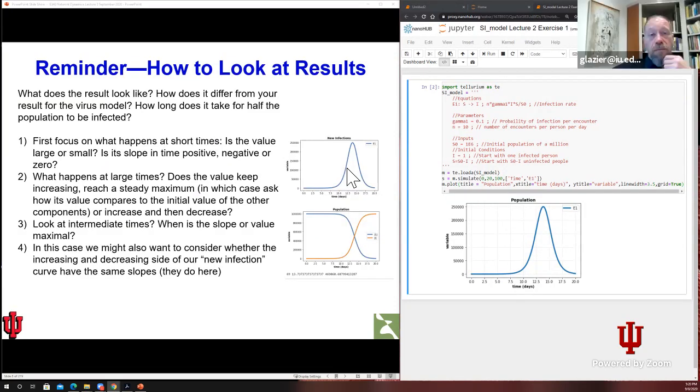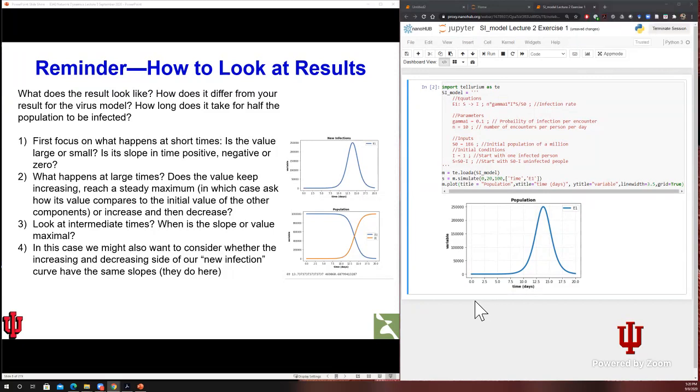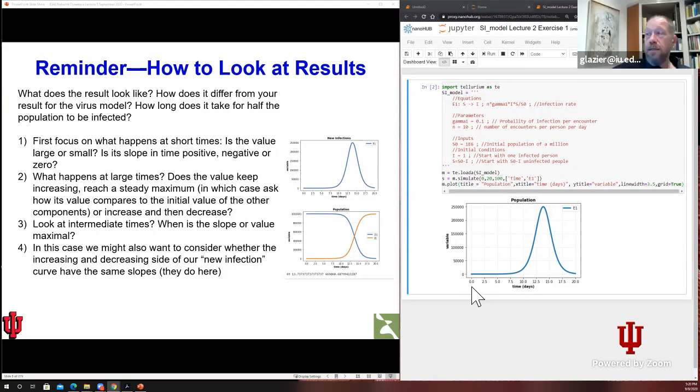And now I want to remind you of something that we talked about last time, which is how to look at results. I said to always start looking at what happens at small values or small times. If I look at this plot, at time 0, my value is essentially 0, and the slope is essentially 0.